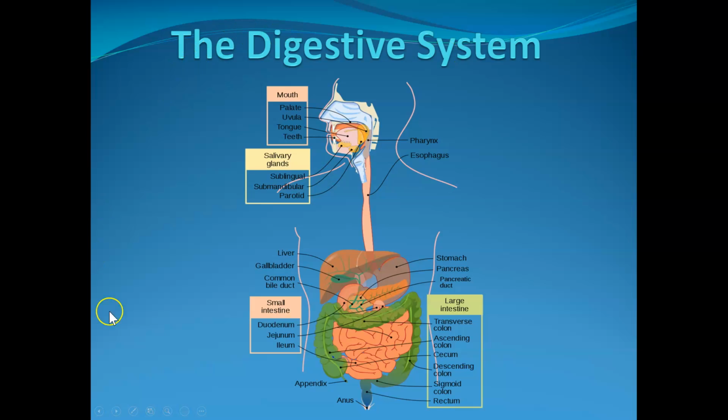So this is a diagram of a digestive tract, and it starts obviously with the mouth.